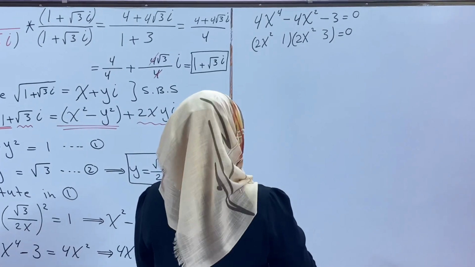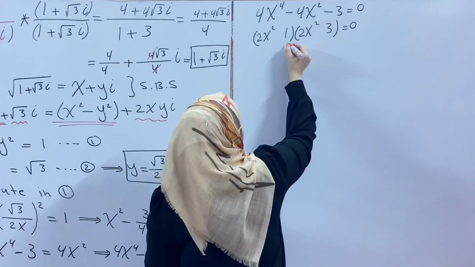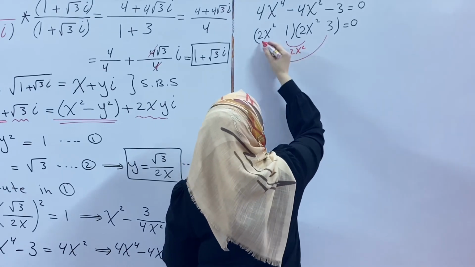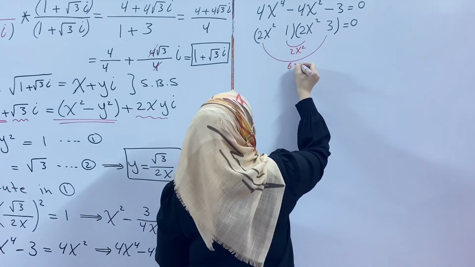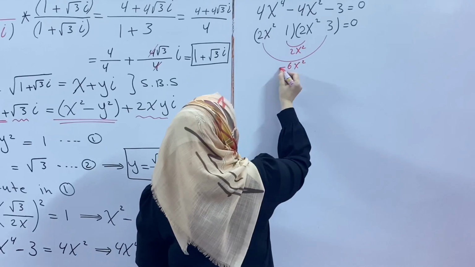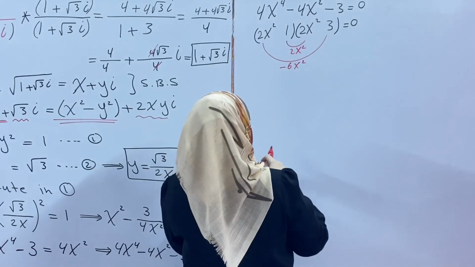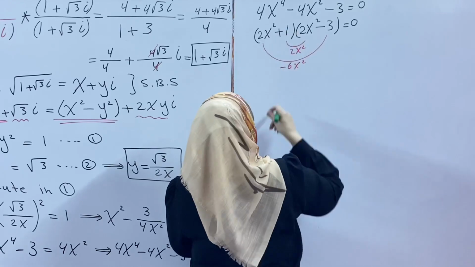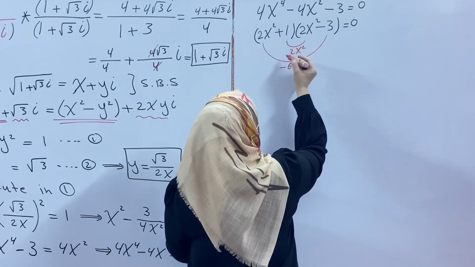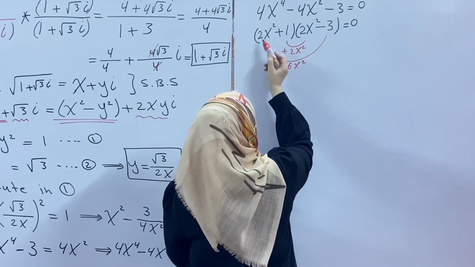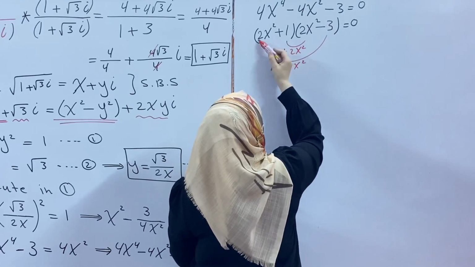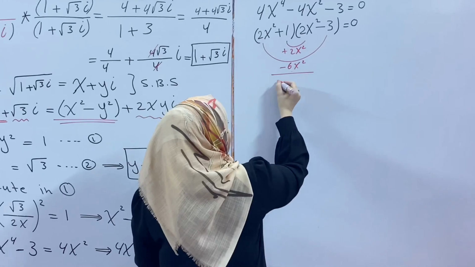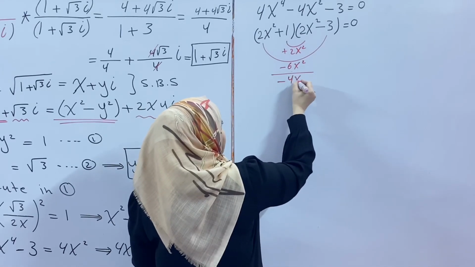And I will get 2x squared, and here I will get 2 multiplied by 3, 6x squared. So I will put the negative sign here and positive here. So I will get positive 2x squared, and here I get negative 6x squared. When I add them, I will get negative 4x squared.